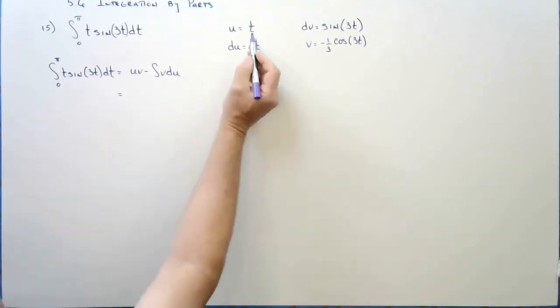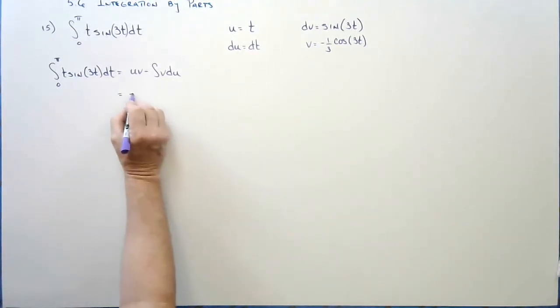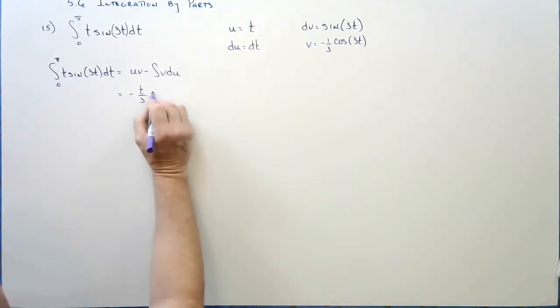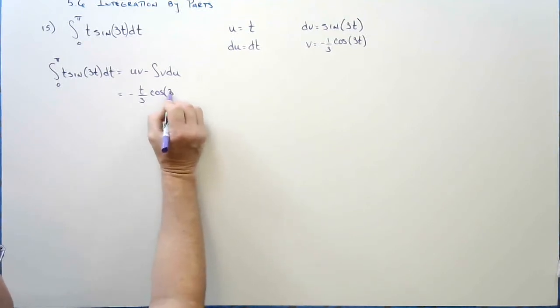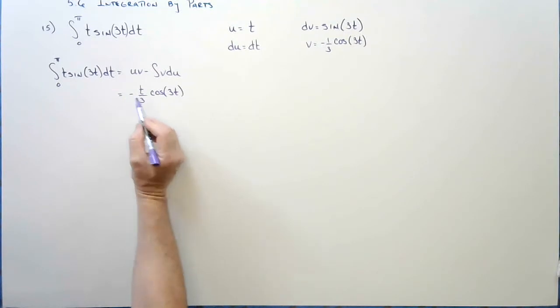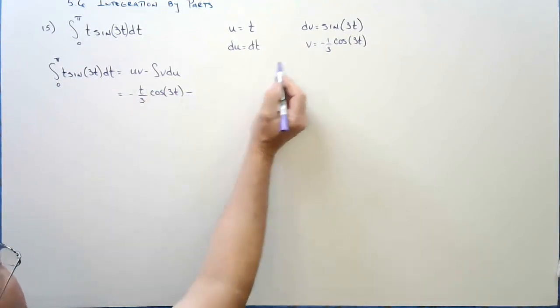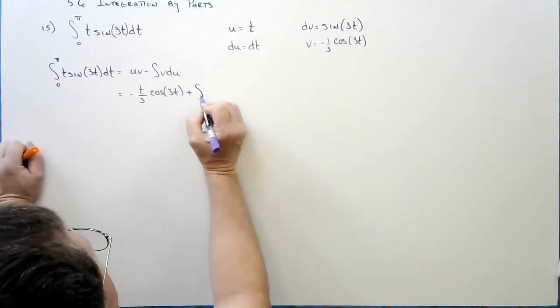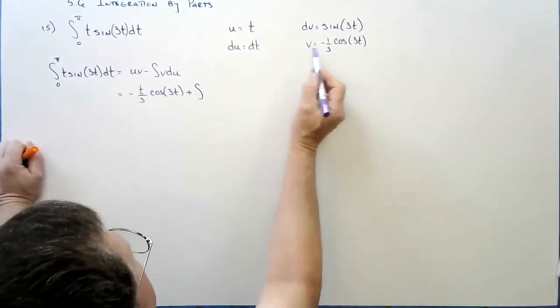When we plug everybody in, u times v is going to be minus t over 3, t times 1/3, cosine 3t, negative from here, right? Then we have a minus on our integral, but we have a minus on our v, so that's going to make that a plus. And we have the integral of v du.